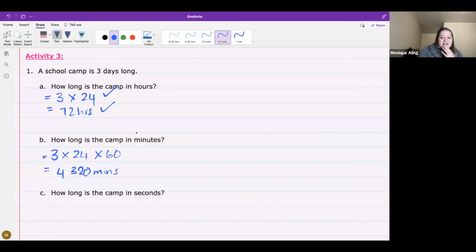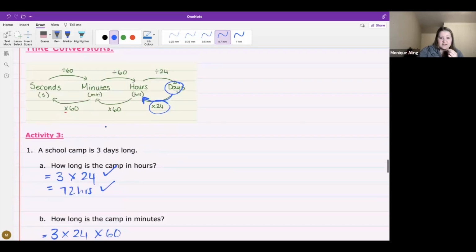Okay, now converting that to seconds. So it's 3 days, so that's going to be a lot of seconds. Don't be afraid if you get a really massive number. Good, and I can see we're all getting the right answer. So again, we are going from days to seconds.